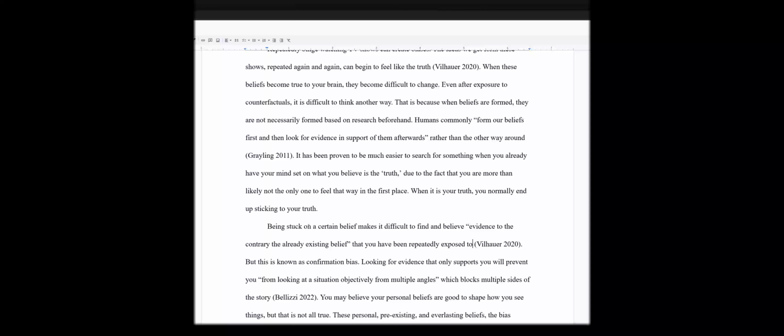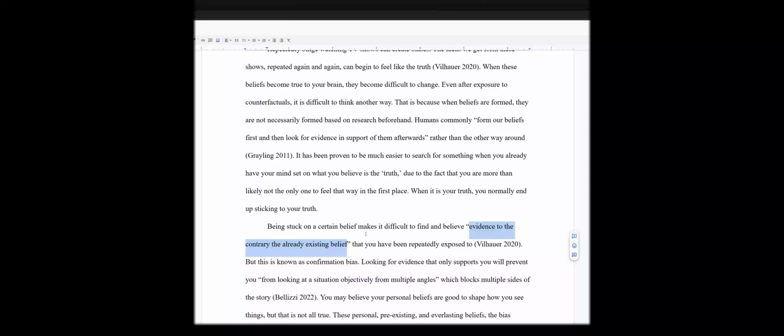Being stuck on a certain belief makes it difficult to find and believe evidence to the contrary. I want to keep find, because finding it is part of that. We're missing a quote here. We're missing some words in this quote.